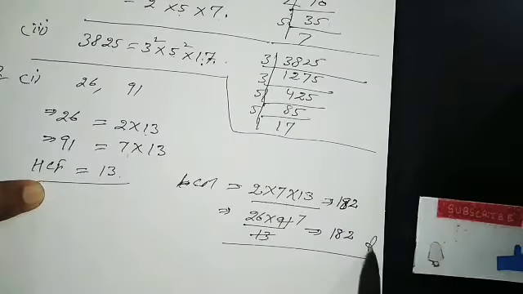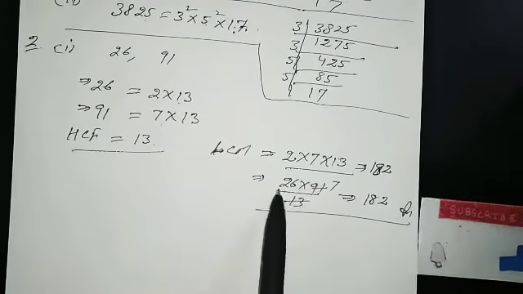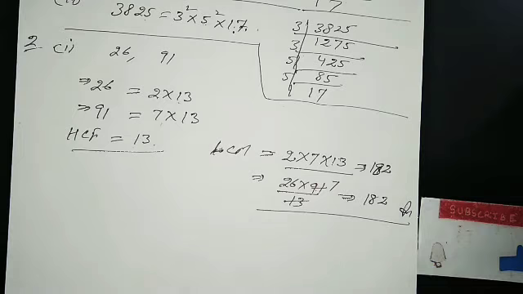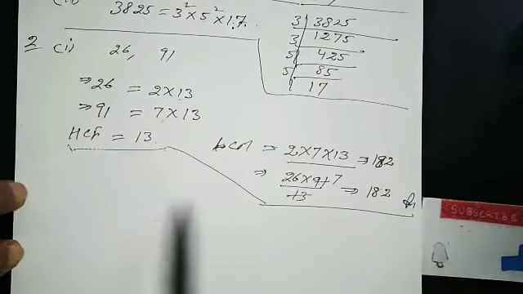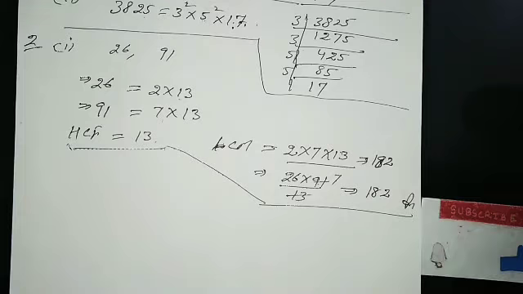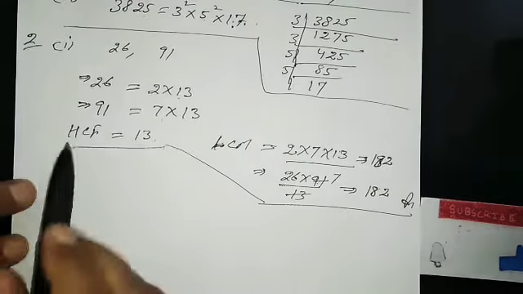Okay, so you can use this method, product of numbers divided by one of LCM and HCF. So question 2 has 3 parts, and I have done just one, and that is not a very difficult one, as you have done it in your previous classes.